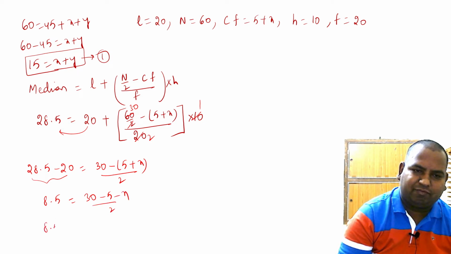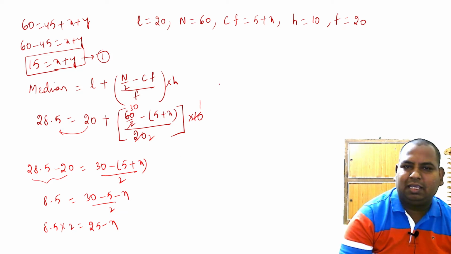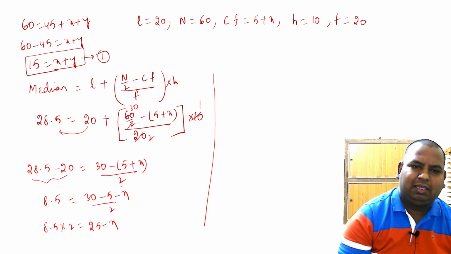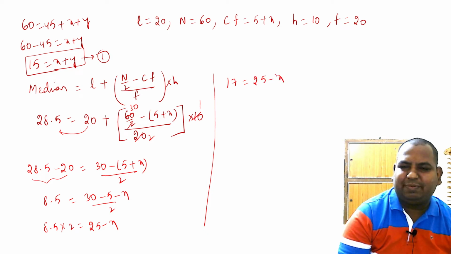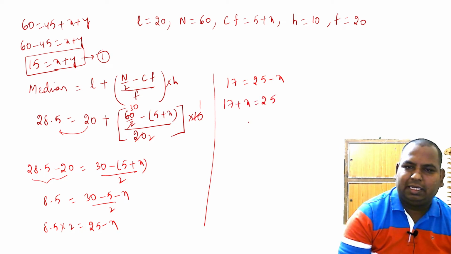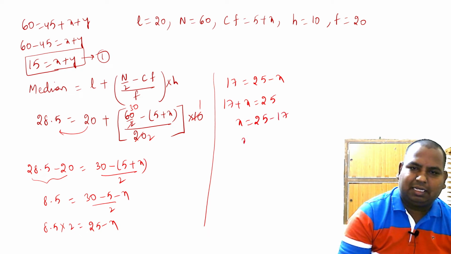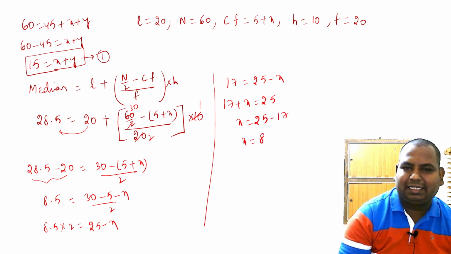We'll have 8.5 into 2 is equal to 30 minus 5, 25, minus x. 8.5 into 2 is 17. So 17 is equal to 25 minus x. Let me transpose minus x to the left hand side. We'll have 17 plus x is equal to 25. x is equal to 25 minus 17. x is equal to 8.